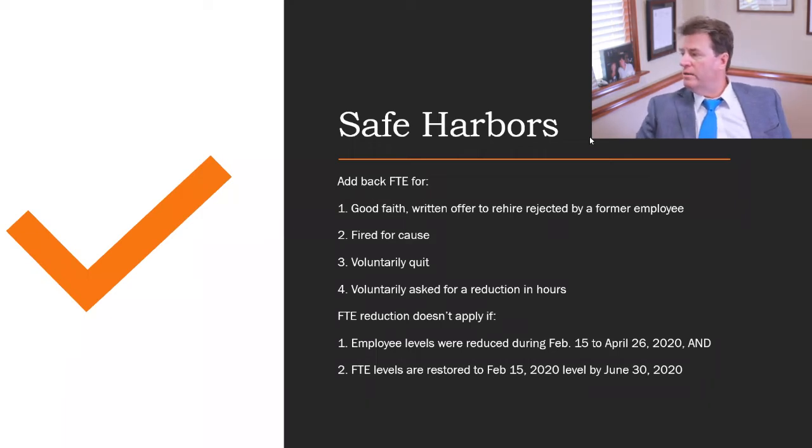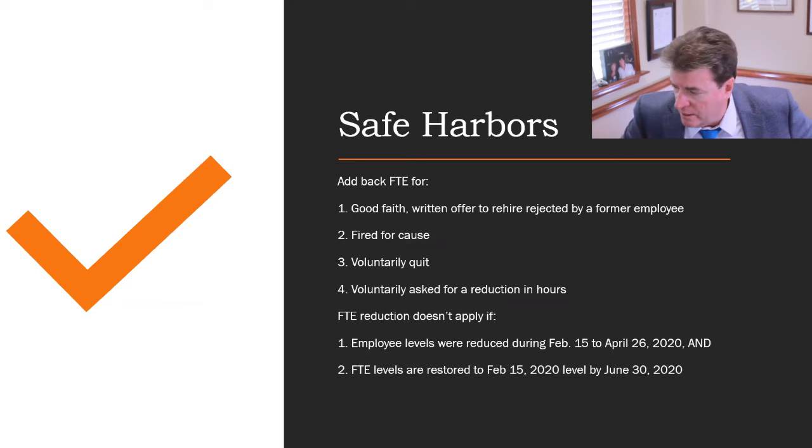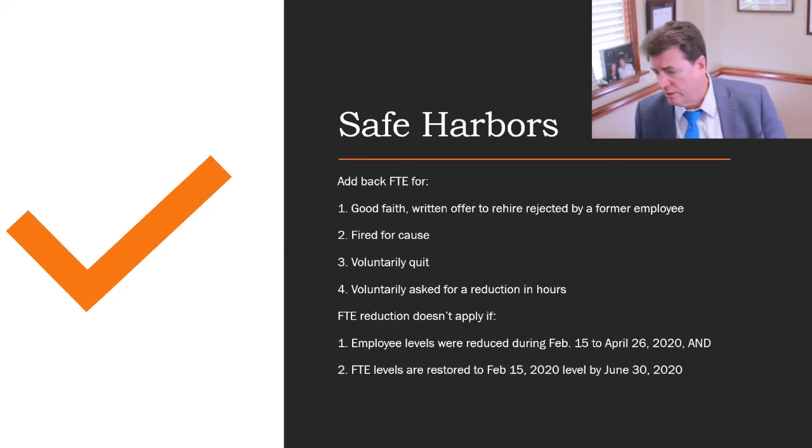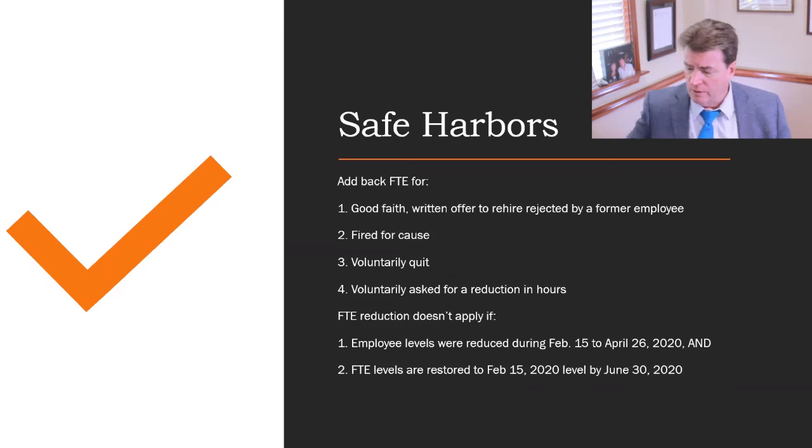I want to talk about safe harbors for the FTE. This is really important and some good clarification. You add back in full, in other words you don't subtract as an employee, somebody that you made a good faith written offer to rehire and they rejected it. Make sure it's a good faith written offer and you have documentation that they rejected it. And by the way, people that do this are not eligible for unemployment.